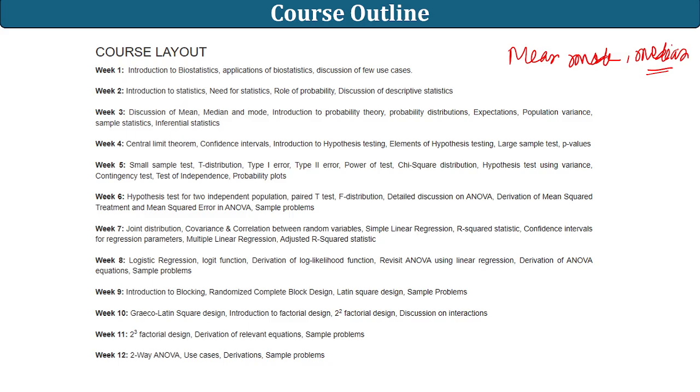With hypothesis testing, say we have some problems, so how is it going to proceed? That we will also be seeing. After that, we covered the elements of the hypothesis: the null hypothesis, the alternative hypothesis, and the test statistic.